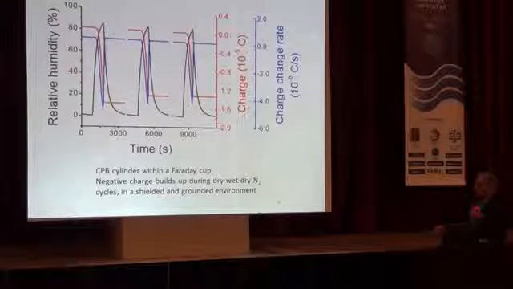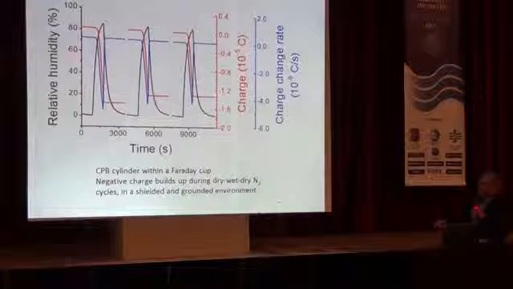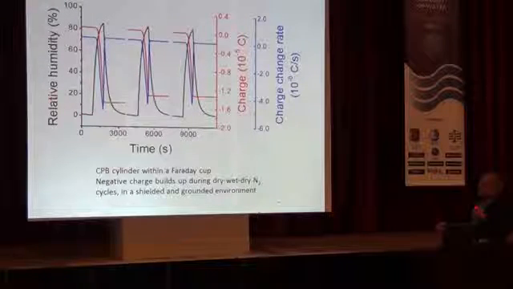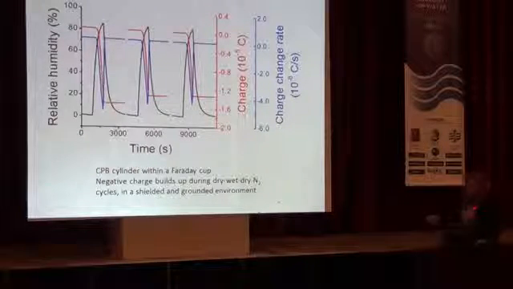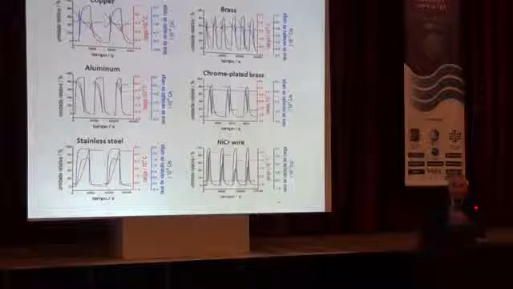These are cups made with chrome-plated brass, and here relative humidity is changed, the black line, and charge, in this case negative charge, builds up. You can short circuit, repeat again, and this can go for a long time.